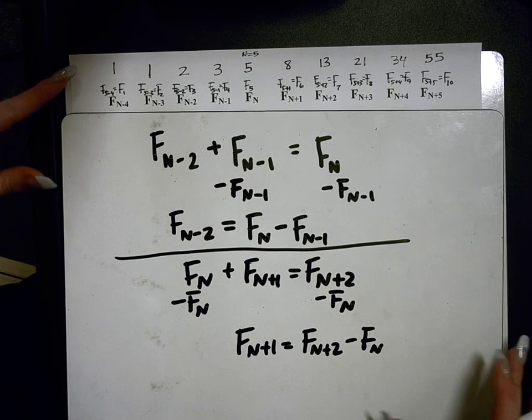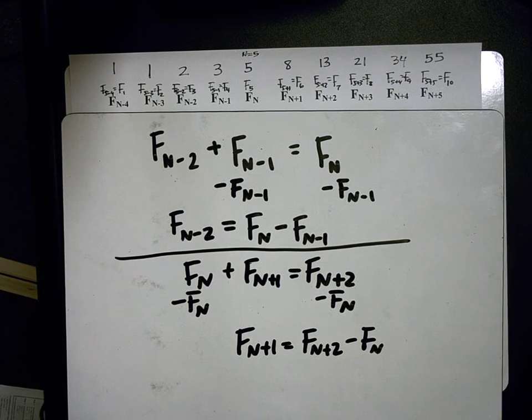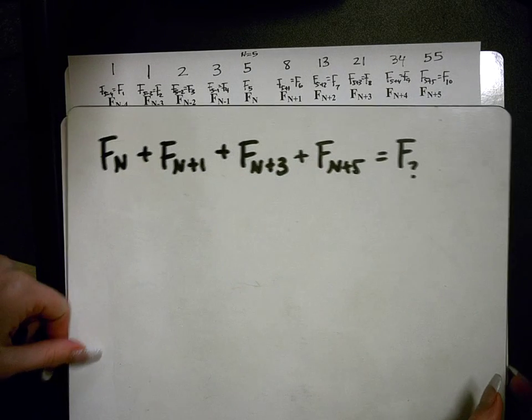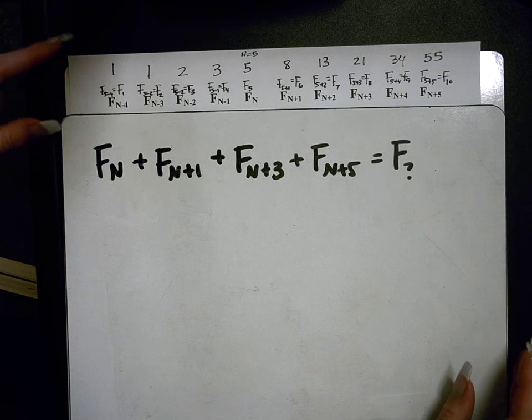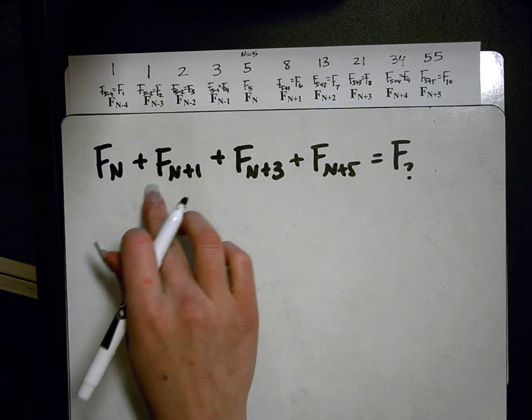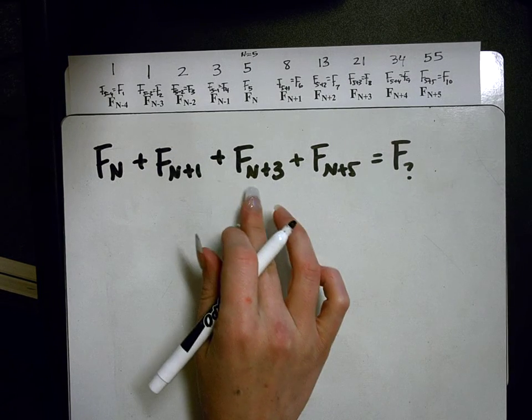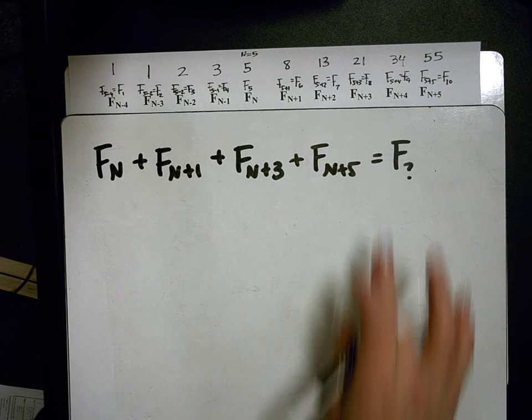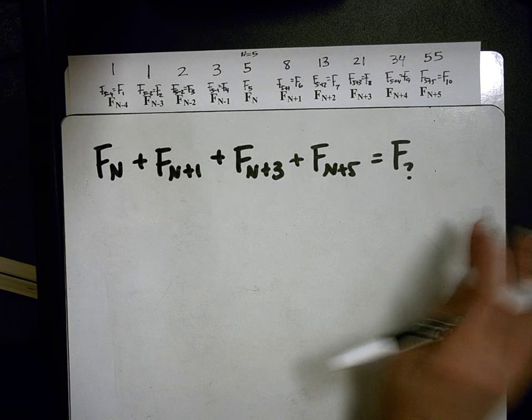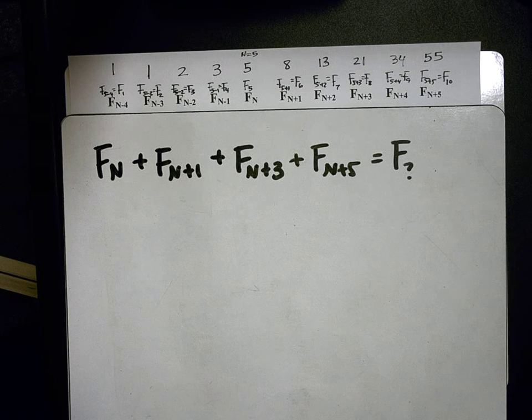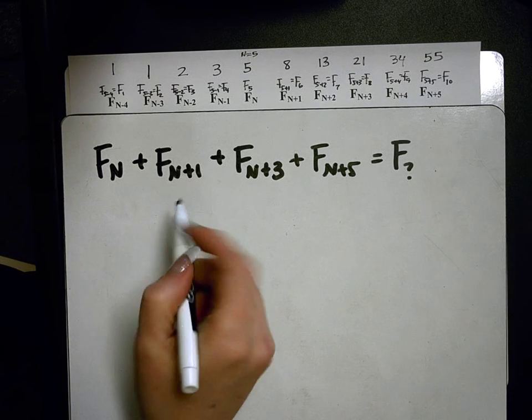Now another example that you're going to get into, which is a little fun, it's kind of like a puzzle, is something like this. You're given the nth term plus f sub n plus 1 plus f sub n plus 3 plus f sub n plus 5 equals f sub what? We have to figure out what that equals. We're just going to do a little puzzle here. Let's focus on these two right here.